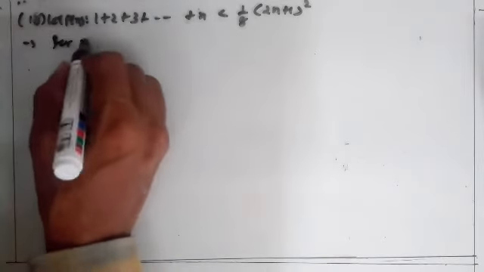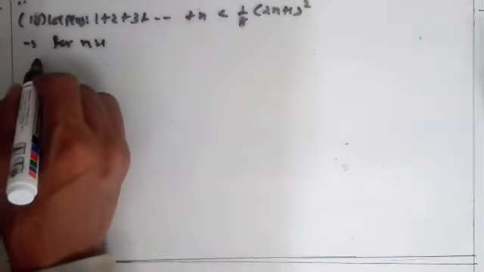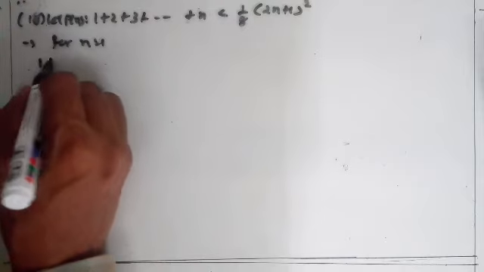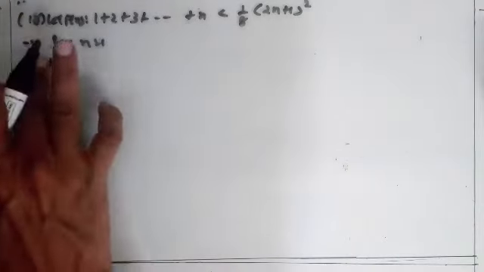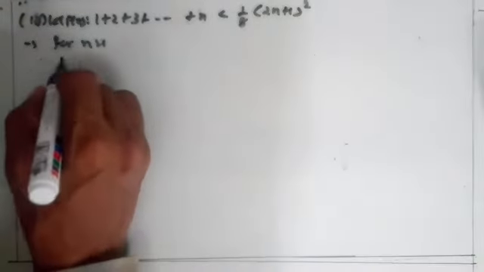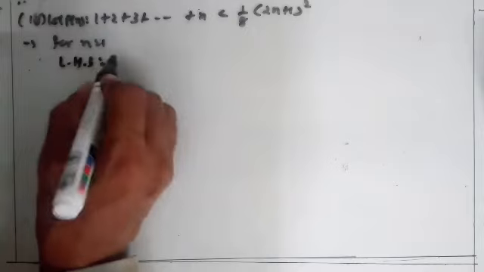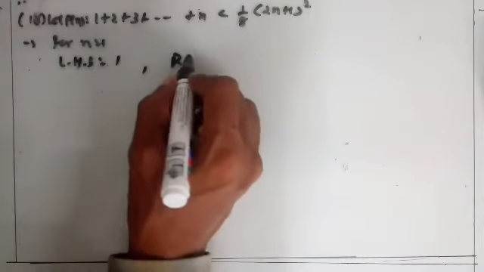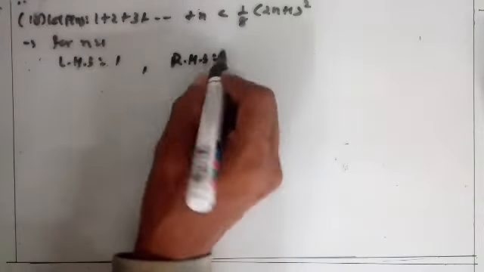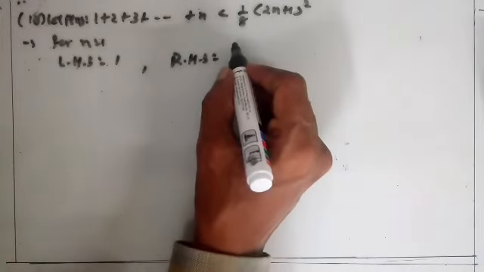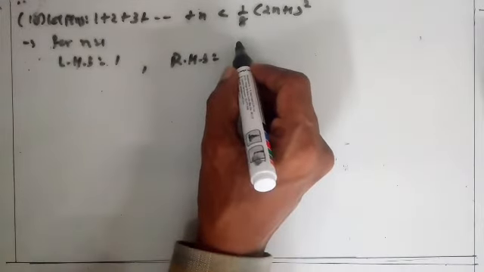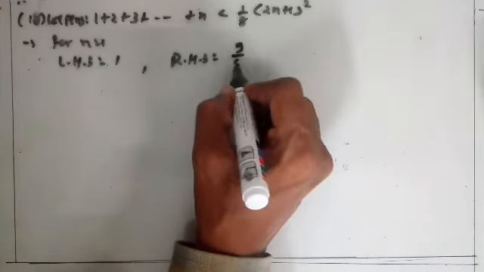For n = 1, 1 + 2 up to n, take 1, so this becomes 1. Clear? LHS is equal to 1. And RHS is equal to, replace n by 1, so (2+1)² upon 8, that is 3² = 9/8.